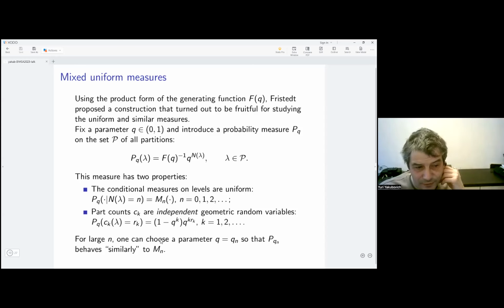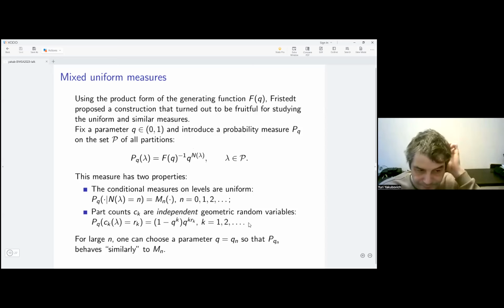For each q we get a probability measure, and no matter what q is, it has two properties. First, the conditional measure on each level is uniform, which follows because all weights of partitions on a level are the same.